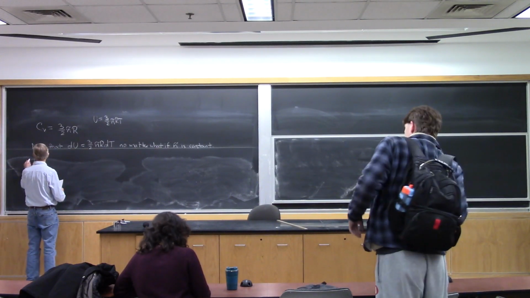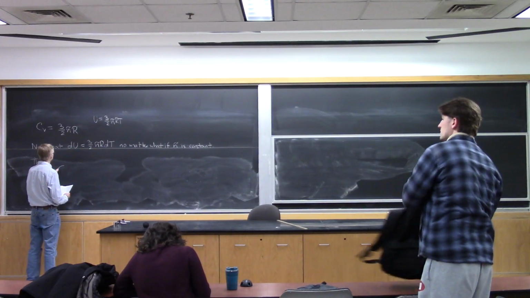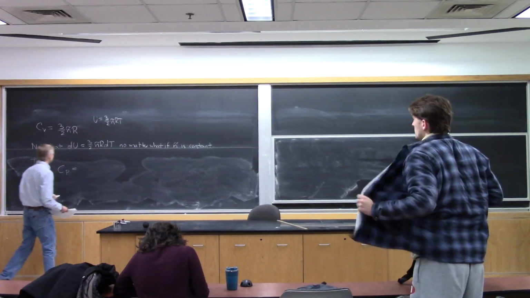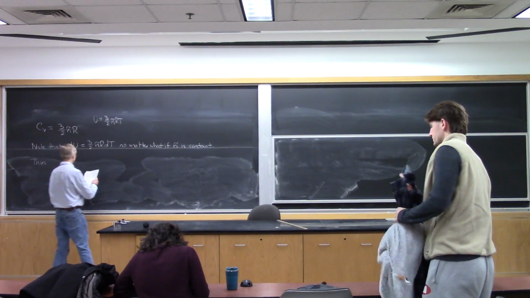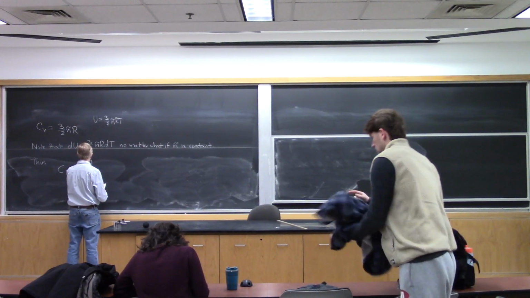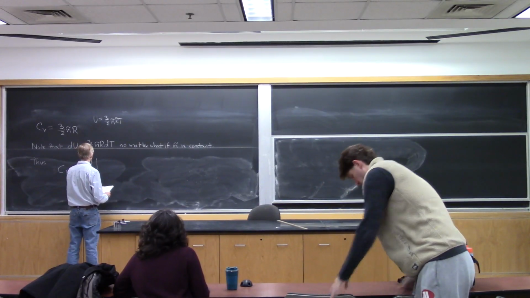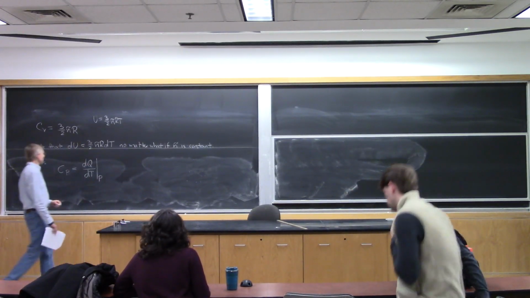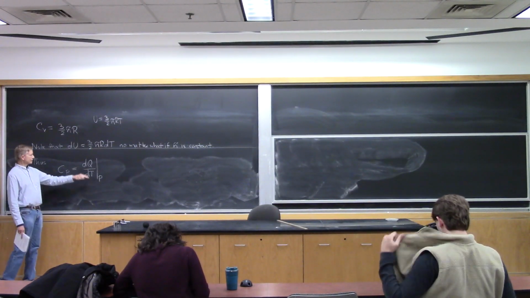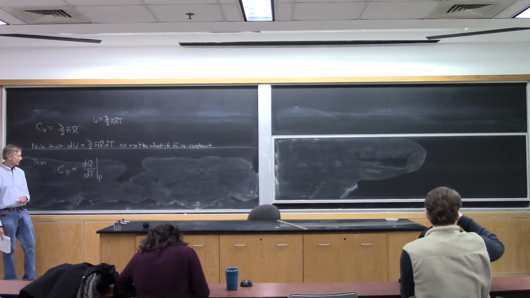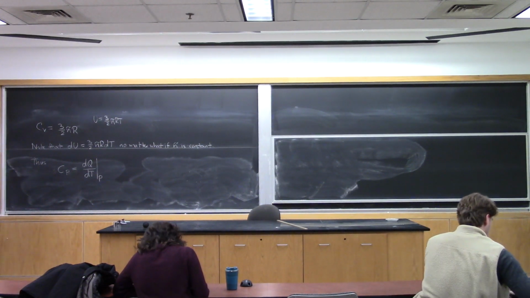Okay, so if we want the specific heat at constant pressure, it's again that ratio, dq over dT at constant pressure. In other words, how much heat you put in divided by the temperature change at constant pressure, because we want Cp.